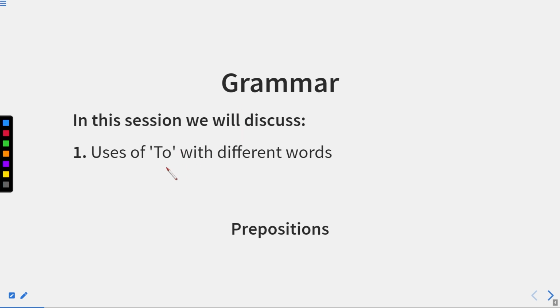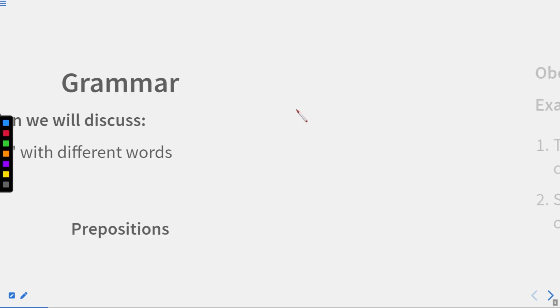Now we are going to discuss uses of to with different words, because we know very well that there are many words in which we have to add to necessarily as a preposition. So we are going to discuss such words in which, when we add to, it adds something to the meaning of that preposition or that particular phrase. So let us begin the session.